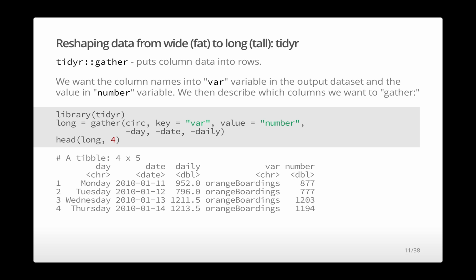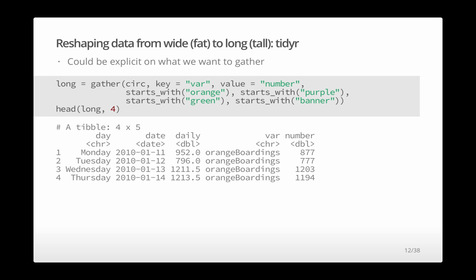Sorry, I showed one way where we gathered the data by dropping certain variables that we didn't want to gather up. This way, it's the same exact thing. It's just more explicit, saying, I want to gather these columns. Any column that starts with orange, purple, green, or banner. So again, you can still use those useful functions that you did use in select: starts with, ends with, one of, matches, all that kind of stuff.